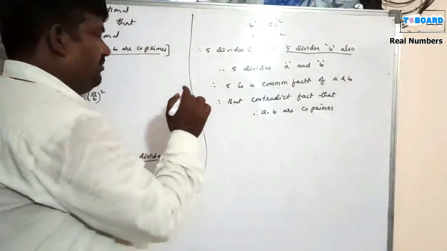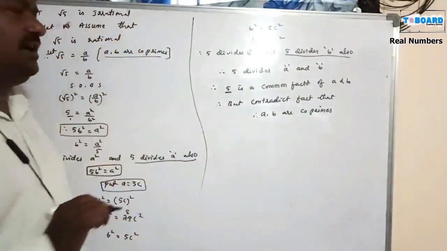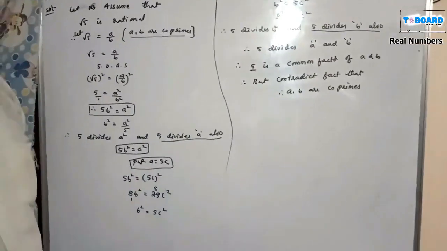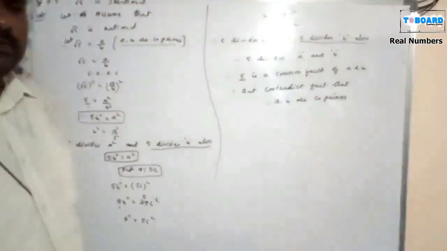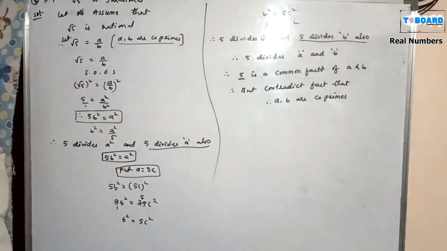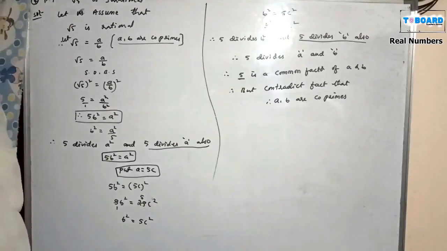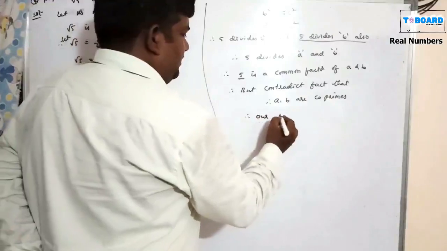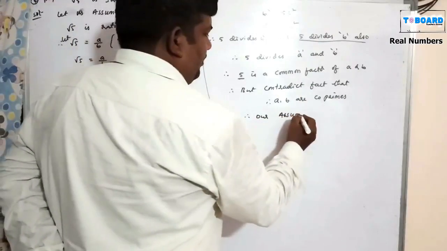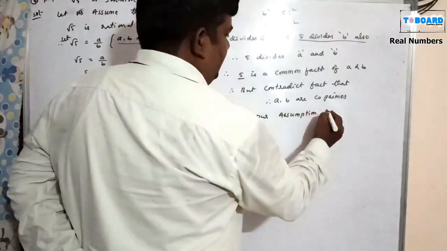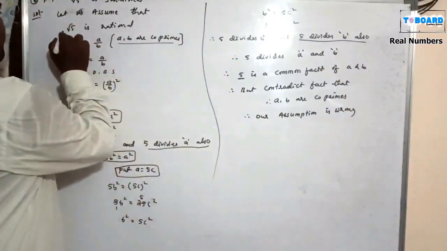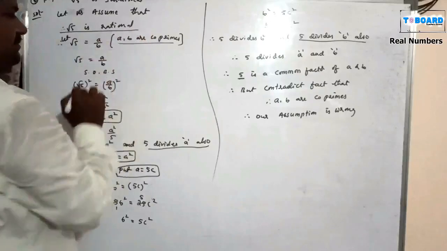But here 5 is a common factor of both a and b. Therefore, our assumption is wrong. What is our assumption? Here root 5 is rational is our assumption.